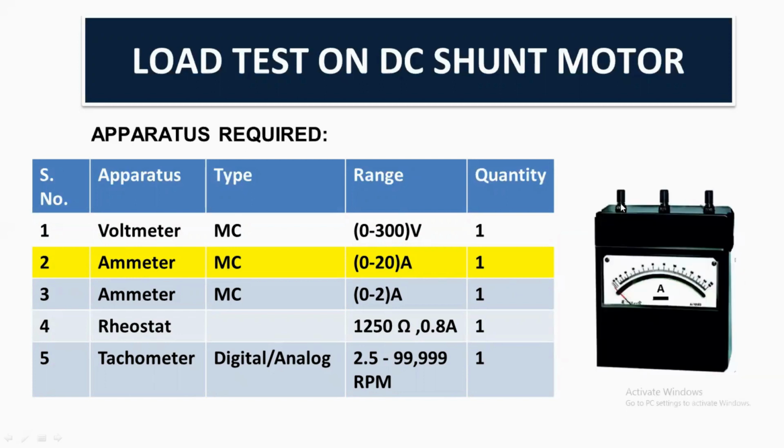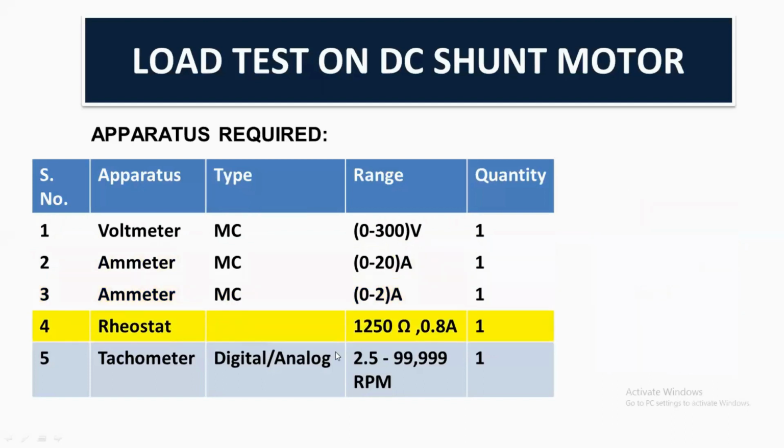This is our required ammeter. Then the third apparatus is also an ammeter. It's also moving coil type, 0 to 2 ampere, quantity 1. The DC meters are moving coil types.